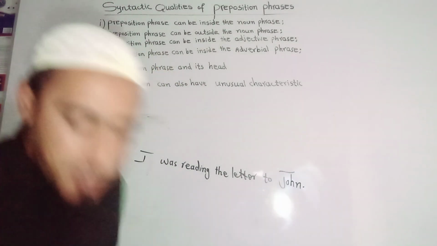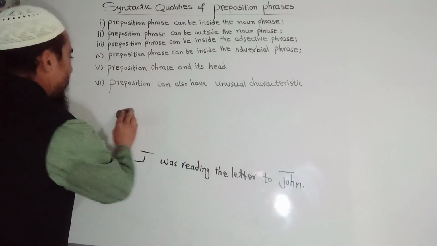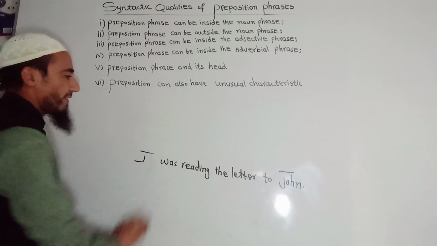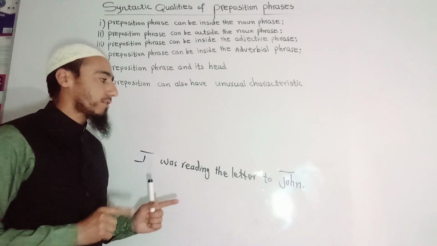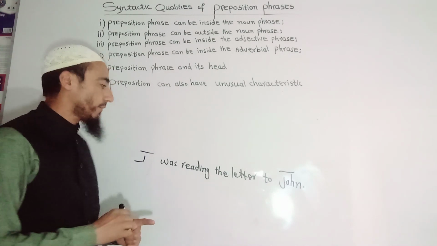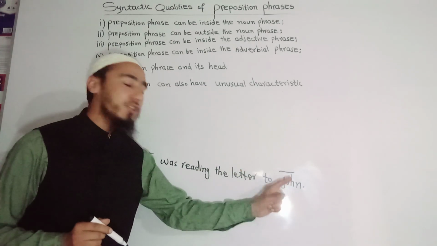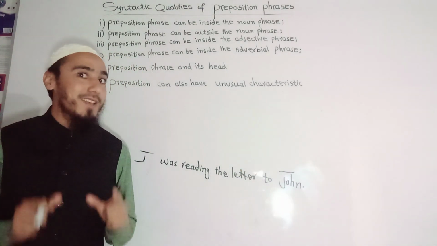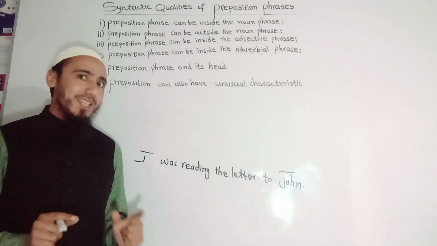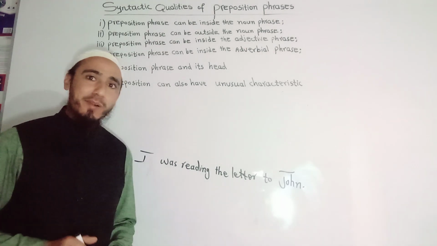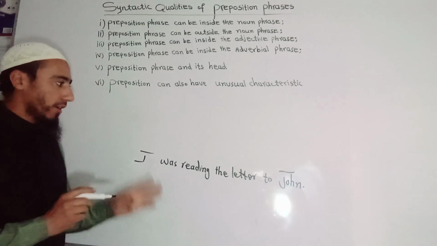Okay. I was reading the letter to John. Listeners and audience, you see in this example, which I discussed in detail in the previous chapter, I was reading the letter to John. This sentence has 2 different structures. This sentence has 2 different explanations.